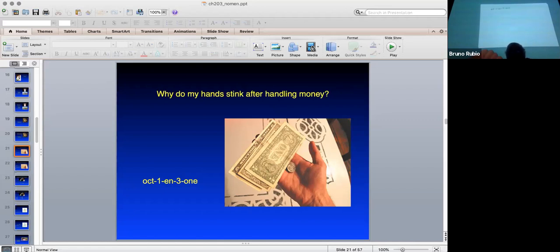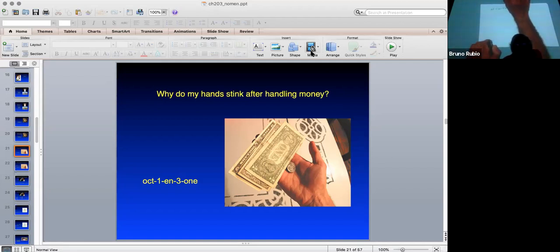And the metal ions can furnish oxidation and reduction equivalents. Your hands are normally covered by perspiration and oils. And the metal ions in money oxidize and reduce the fats and oils on your skin, and the decomposition products have a bad or distinctive aroma.